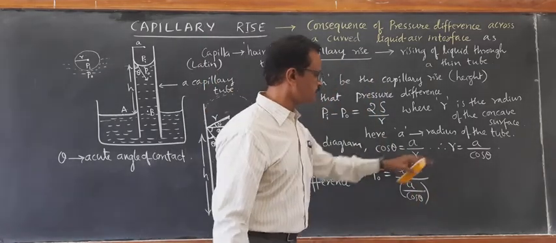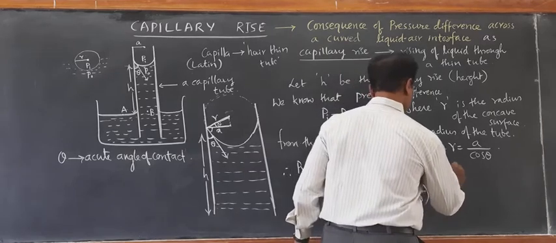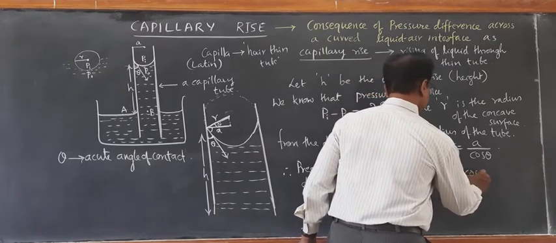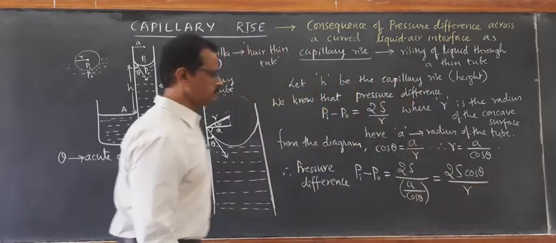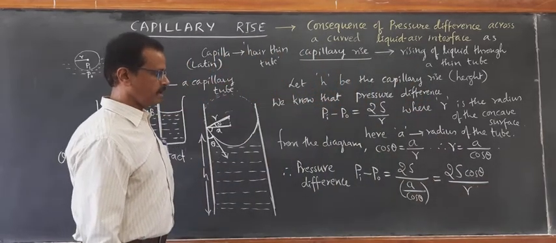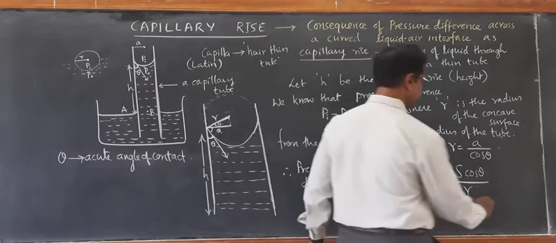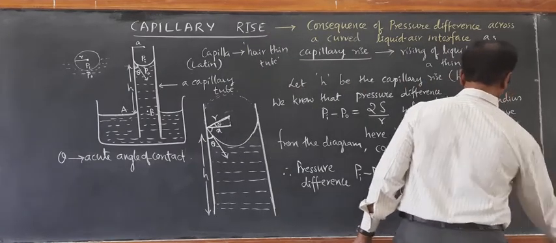So cos theta comes to the numerator. Thus it becomes 2s cos theta by A. Call this equation number 1.